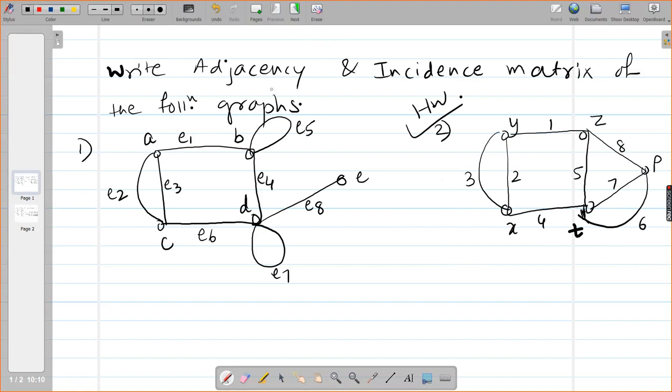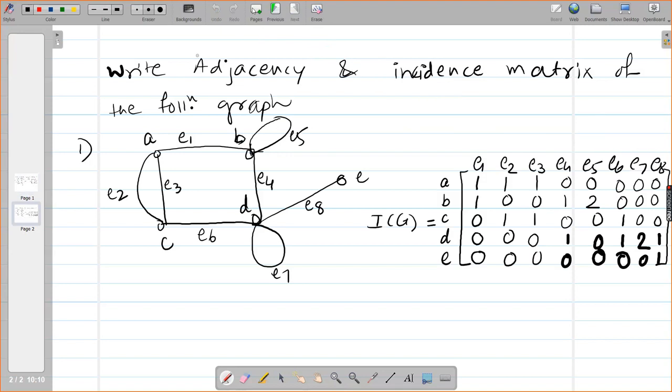From adjacency and incidence matrix, you should be able to draw the graph. Last time I had given such problems, right? Okay. So just check, everyone's diagram may be different, but the adjacency must be preserved. Anyhow, you can draw the graph, but the adjacency must be preserved.